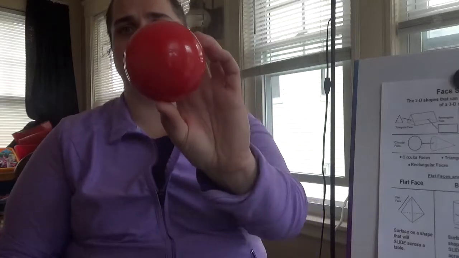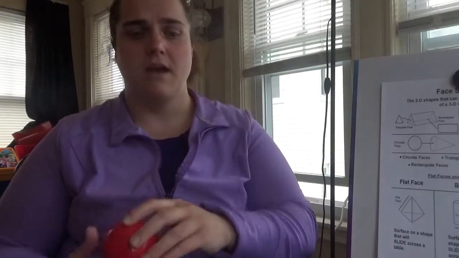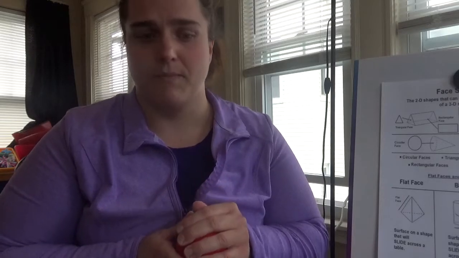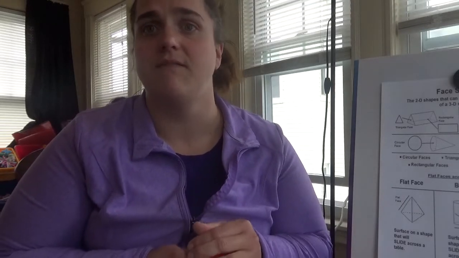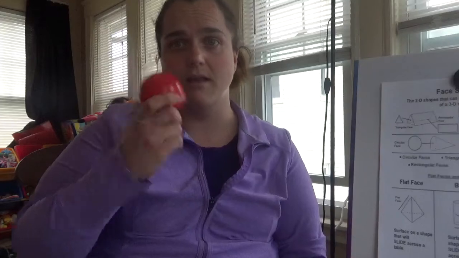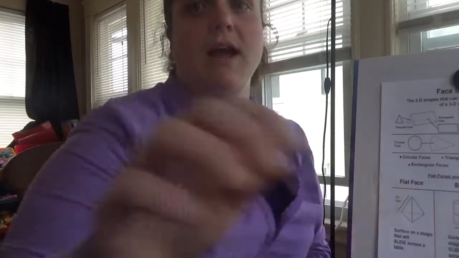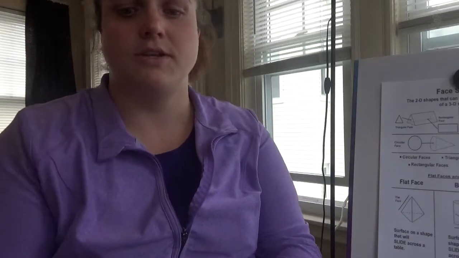And this is a shape that does not have any faces. So a face is a 2D shape, and 3D shapes have many faces, or some have none, that are made up of 2D shapes. So it's important for me to give you that little intro here, just so that you're ready to do your activities today.